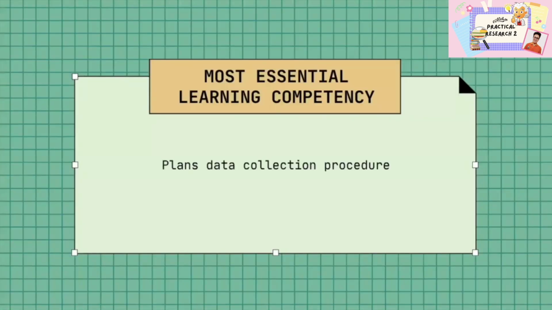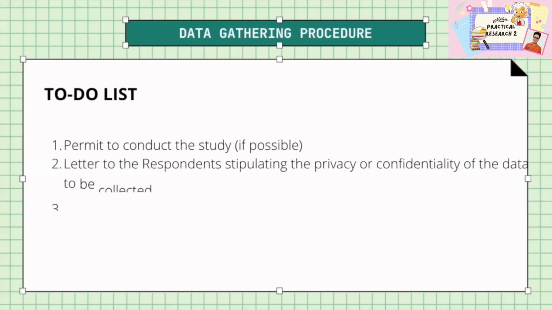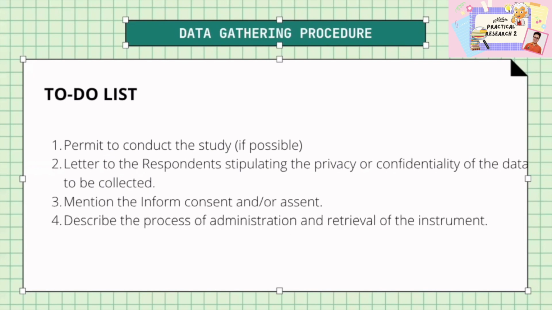Okay, let's now move on to the next most essential learning competency, which is the student plans data collection procedure. Here are the things that you should bear in mind when you do the data gathering procedure. First, you should have your permit to conduct the study, only if possible.